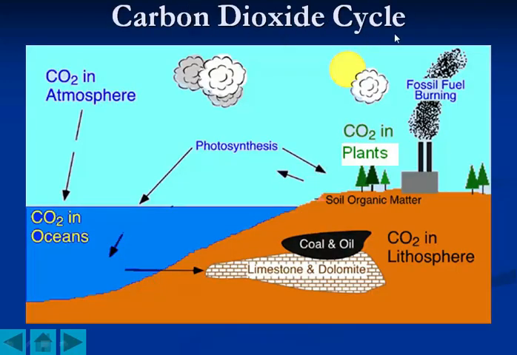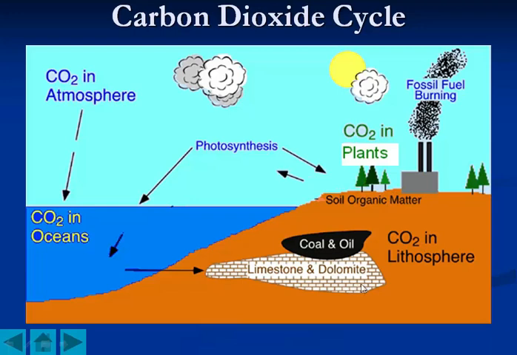Here is the carbon dioxide cycle, how it goes. Naturally carbon dioxide is consumed by plants. Here fossil fuel emits carbon dioxide. Plants consume that carbon dioxide, and through photosynthesis they produce their organic matter.